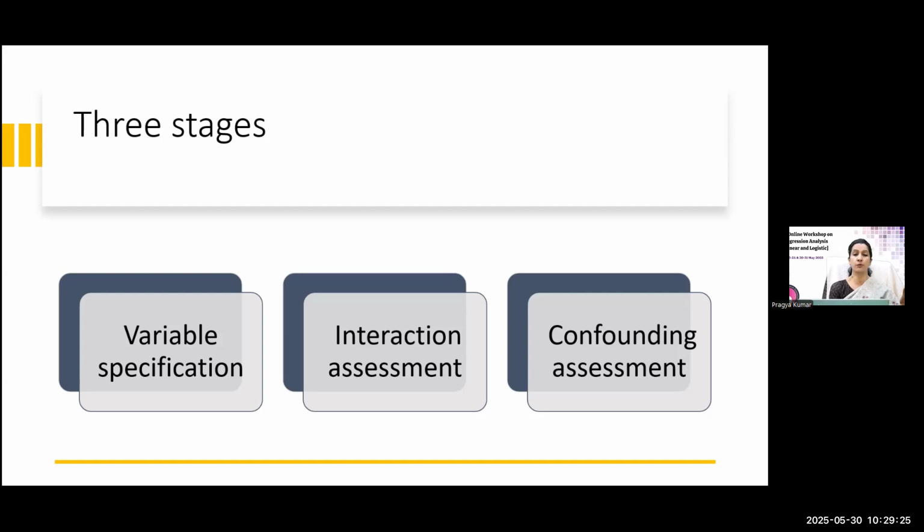Like why you took a particular variable. It is not only the statistical 0.2. As we discussed, in the univariable analysis, if any variable is showing a p-value of up to 0.2, we take that into the model. That's the statistical decision. But before testing that statistically, theoretically, what all variables you will test in the univariable analysis is also decided based on the prior literature search.